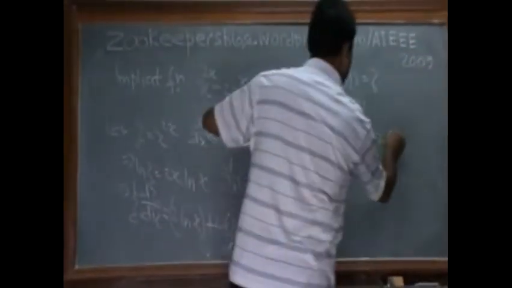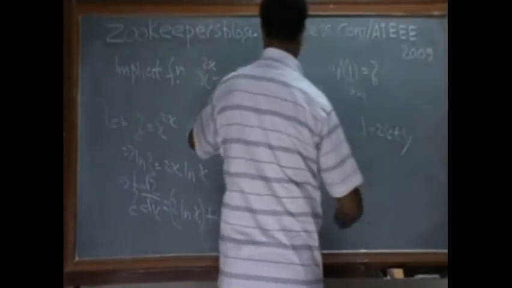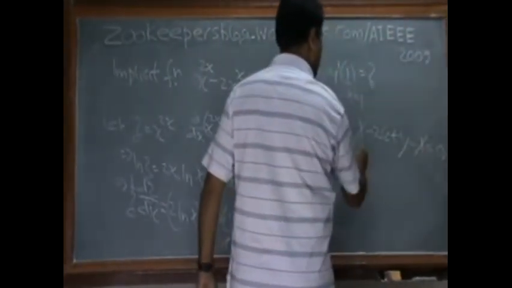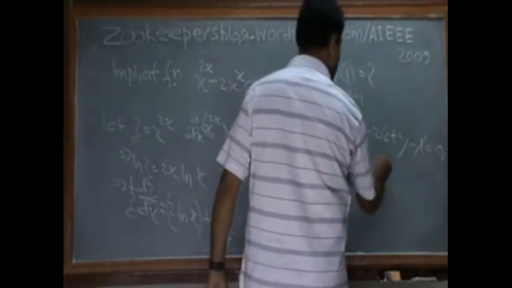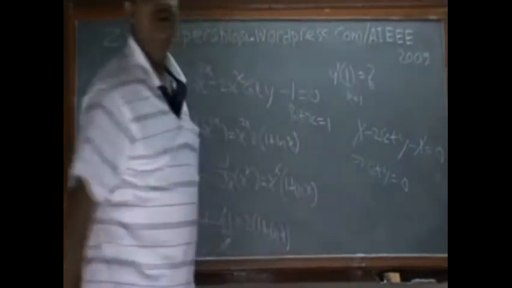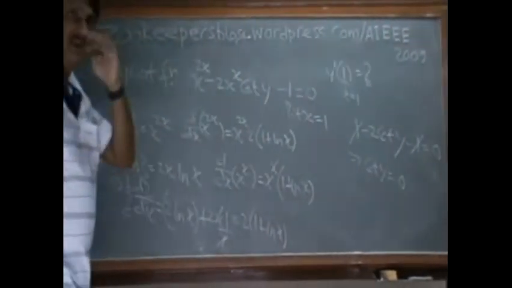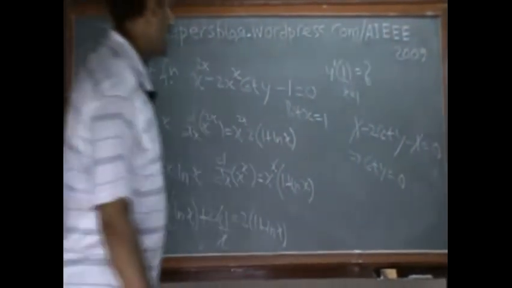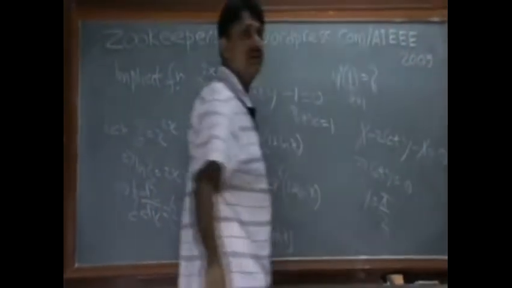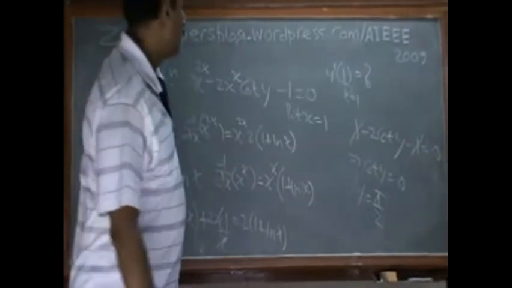So cot y minus 1 equals 0, so cot y is 1... then y is pi by 4. Tan of pi by 2 is infinity, so 1 by infinity is 0. So y equal to pi by 2.